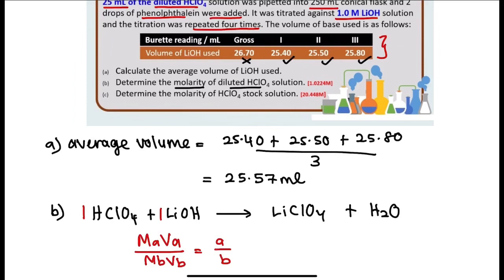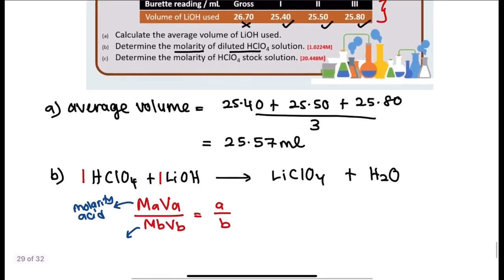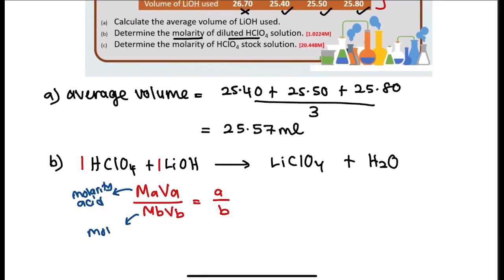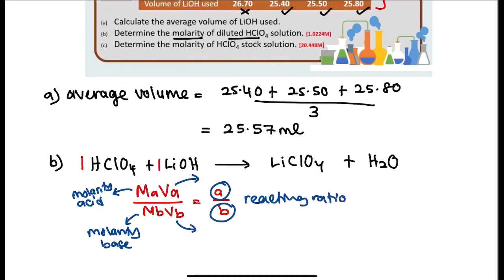As a recap, molarity of acid is shown as Ma and molarity of base would be Mb. Volume of acid is given as Va and volume of base is given to be Vb. A and B here are the reacting ratio of the acid and base.